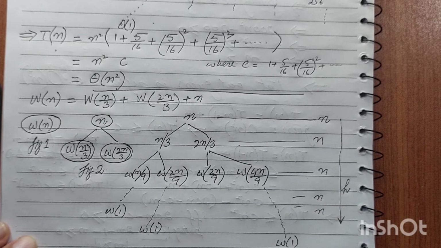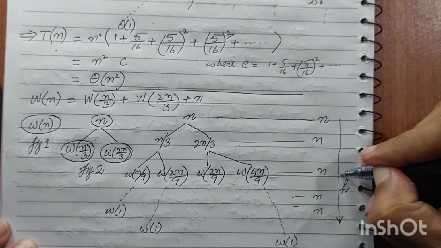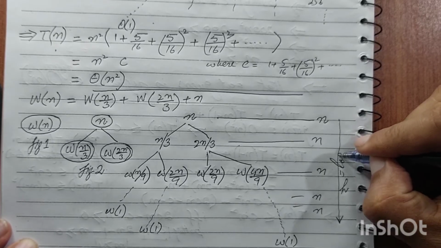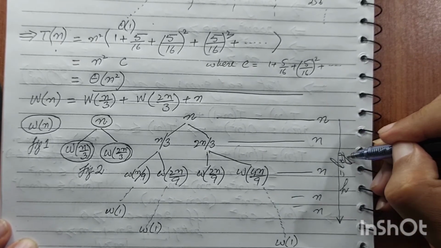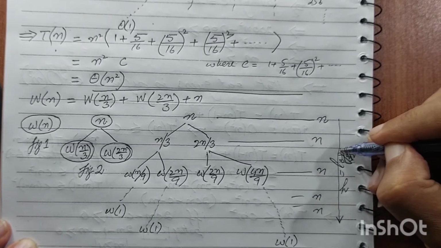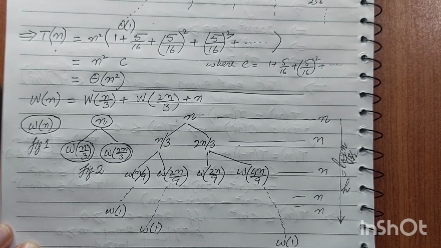Height of the tree is always determined by the longest branch, and the ratio of the longest branch in this is to n by 3. So that means the height would be log of 3 by 2 n.